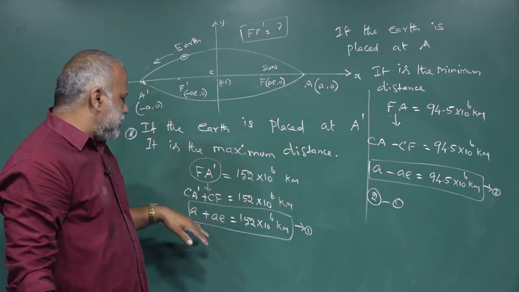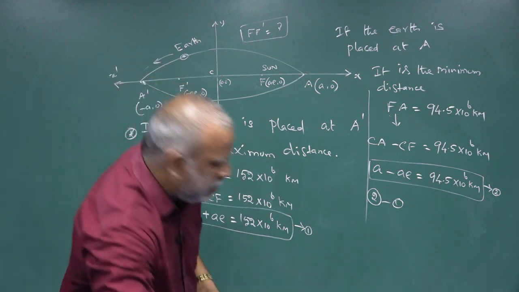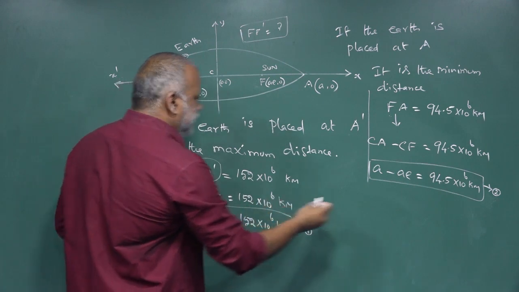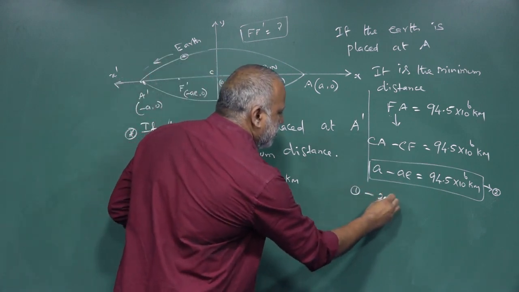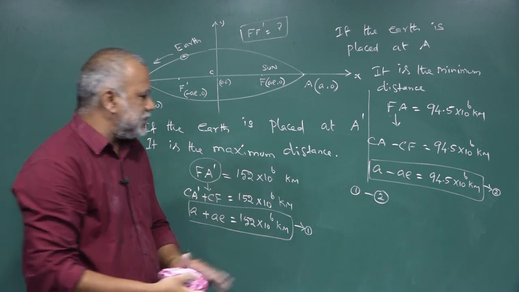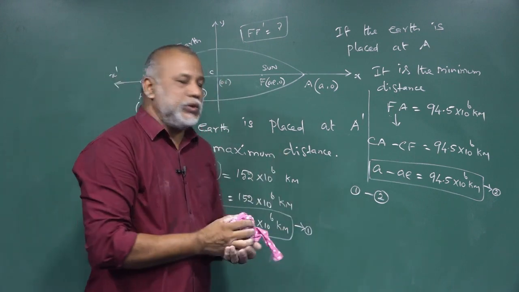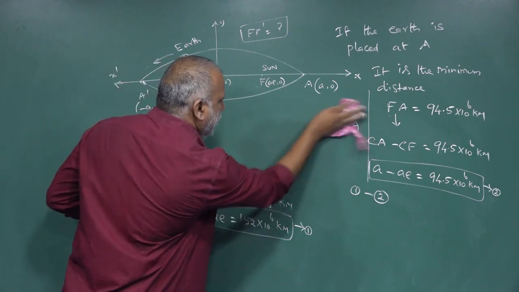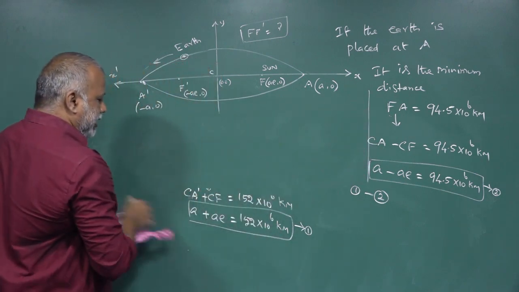So now, see this. Sorry, I am using here 2 minus 1, use 1 minus 2, because equation number 1 is the maximum distance. 1 minus 2 I am going to use. Now listen. What is equation number 1 here?